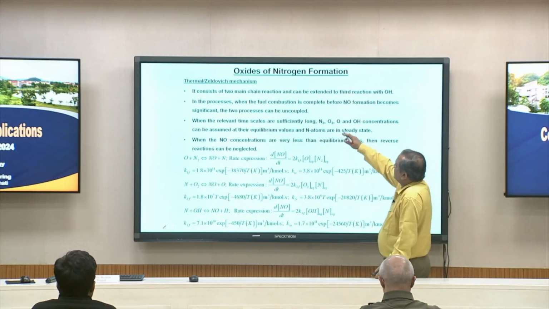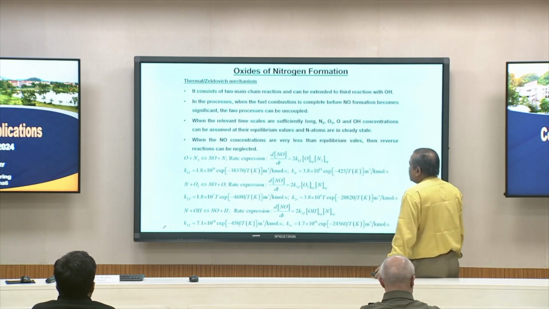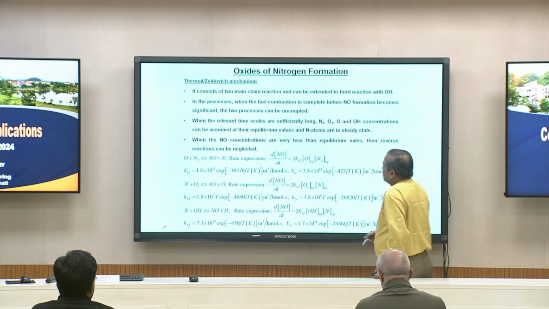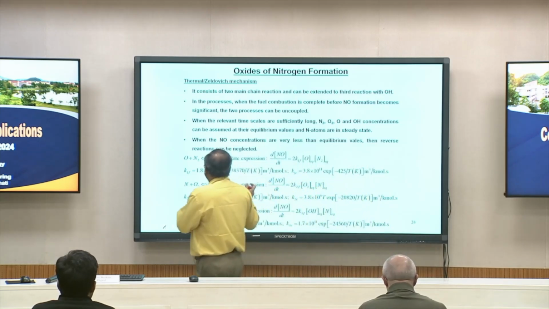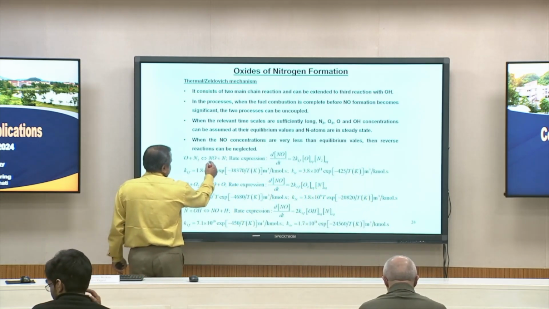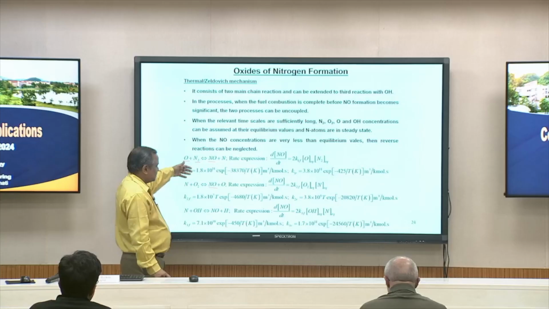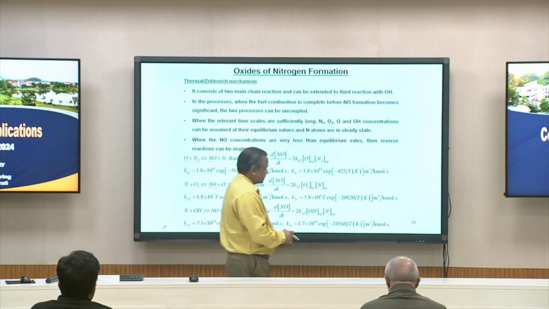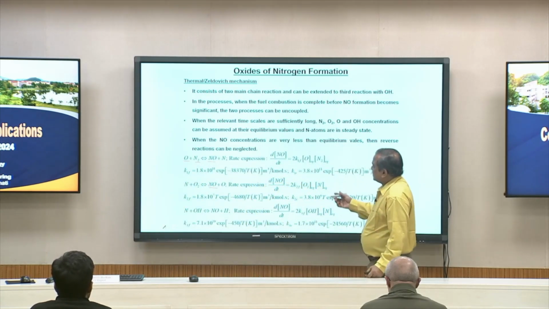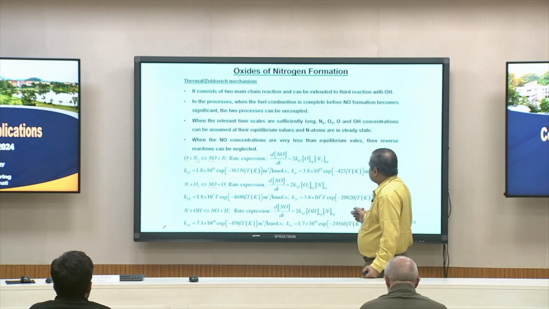Now, what is the Zeldovich mechanism? If you take that reaction in a mathematical form, this is how NO formation happens with nitrogen. They use the rate equations, and as it is a reversible reaction, one can look at the reaction when it moves in a forward direction and when it moves in the reverse direction.